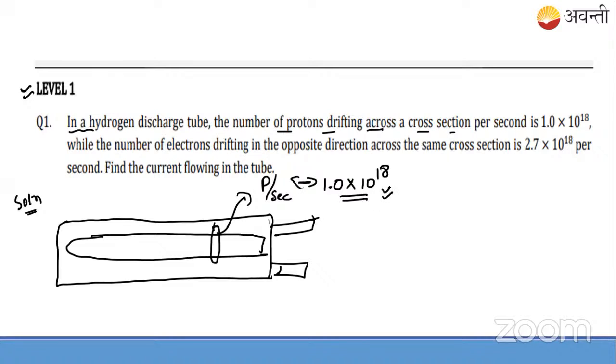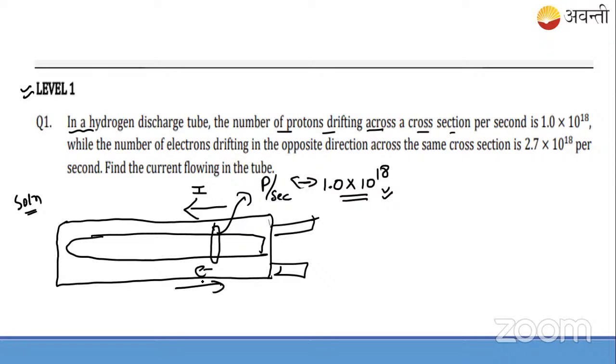The number of electrons which are drifting in the opposite direction, are they the same? No, these are not the same. Suppose this is the direction of the protons, and we already know that the current will also be passing in the same direction, students. Electrons must be moving in the opposite direction.